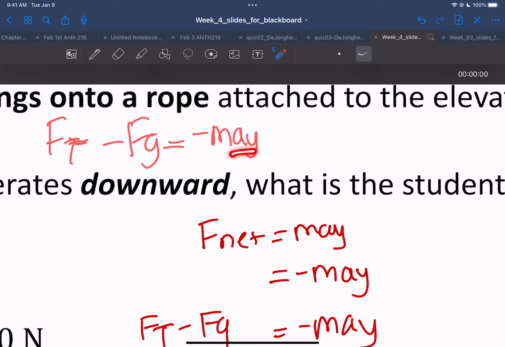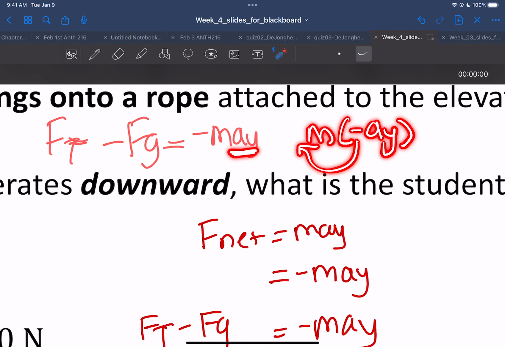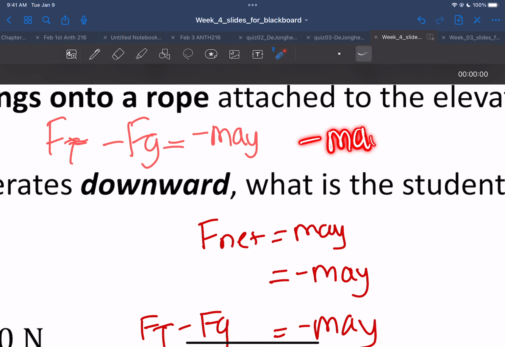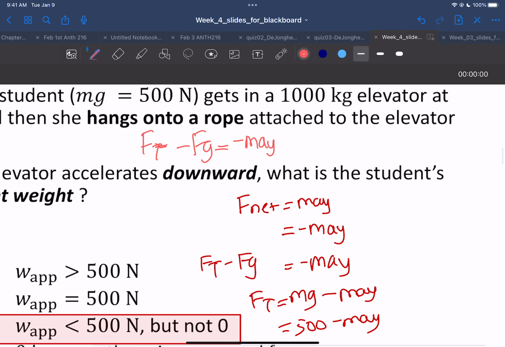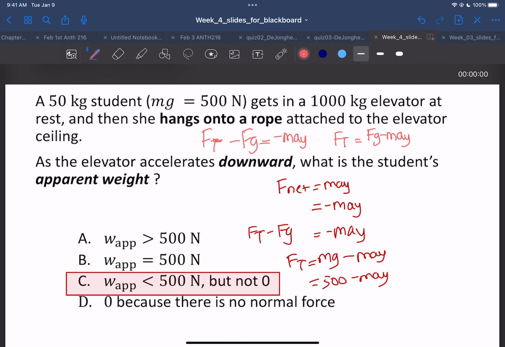Just know that since the acceleration is negative, if you had mass times a negative acceleration because you're moving downwards, then we can just pull out this negative to clean things up. So just don't make a double negative mistake there. But it'll be Ft is equal to Fg minus may, and that would be the setup for your force of tension.